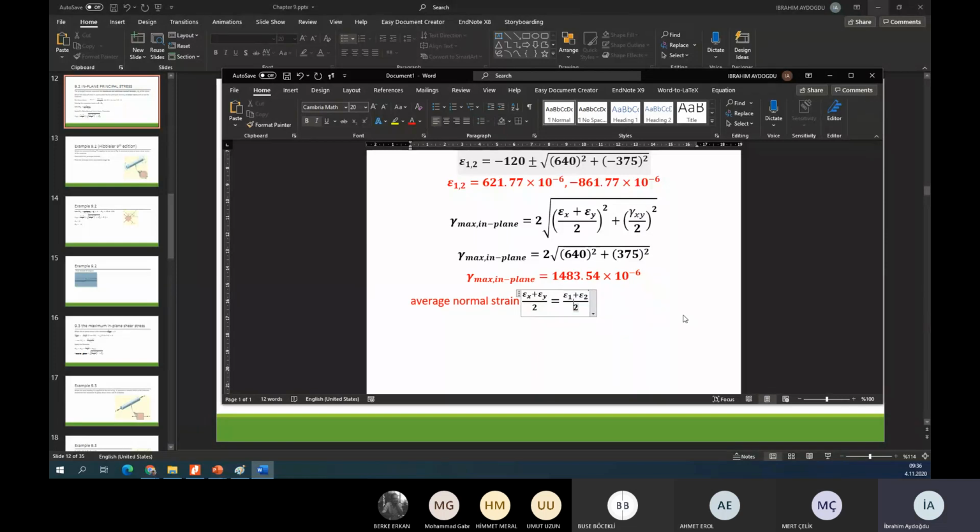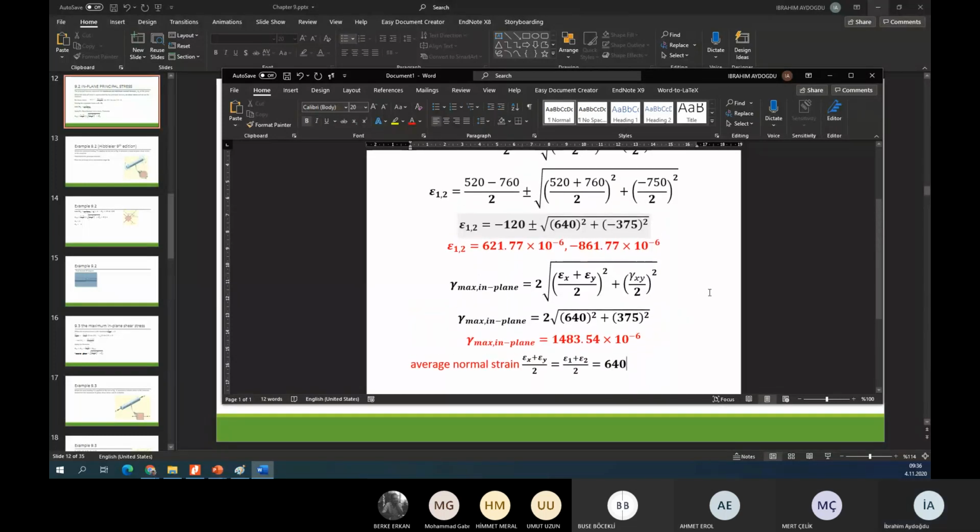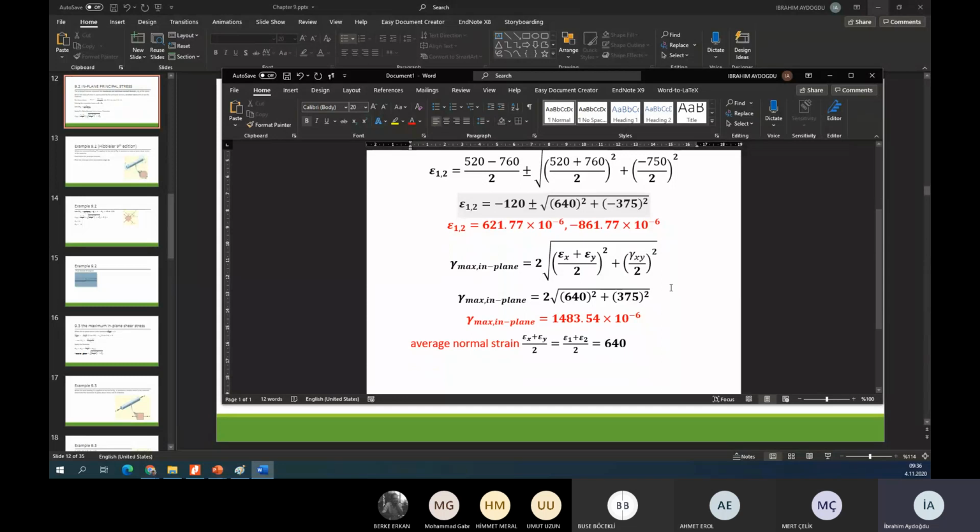I'm sorry, let me check. Average normal strain should be epsilon 1 plus epsilon 2 over 2. Let me check. Okay. I made a mistake, I think. Not 60. Sorry.